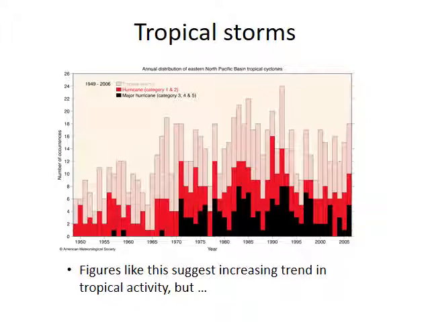There are many other climate quantities which are also changing as a consequence of global warming. And here I'm picking one particularly interesting quantity, which is the number of tropical storms or hurricanes occurring over time.